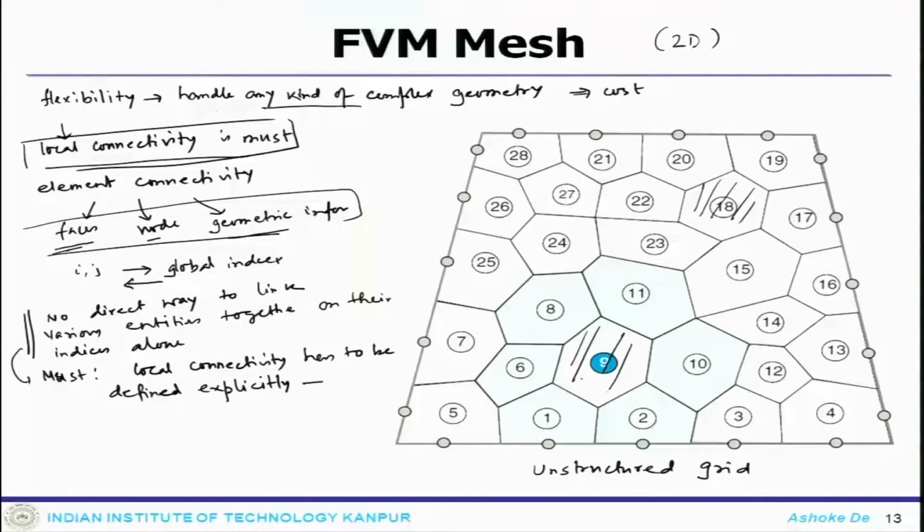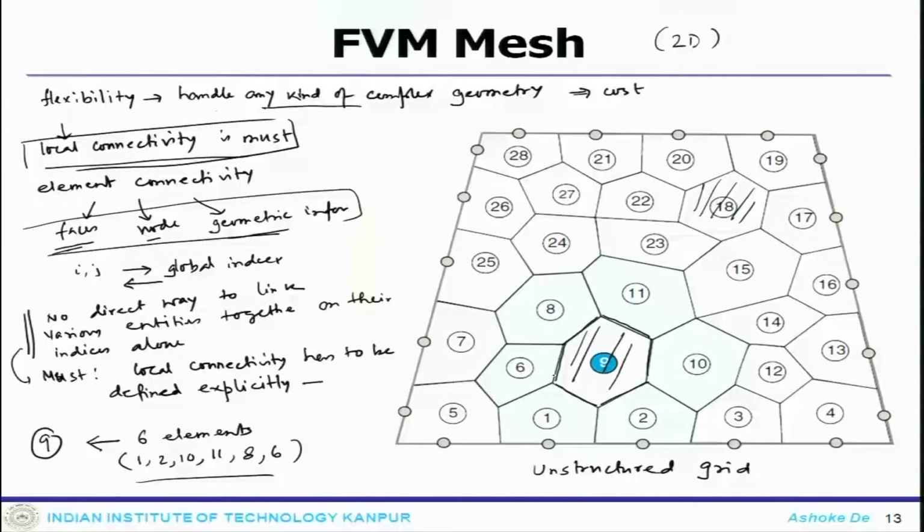Element number 9 is surrounded by 6 elements, and those are 1, 2, 10, 11, 8, 6. So, these 6 elements sit alongside 9, and there are certain common faces with each of these elements.